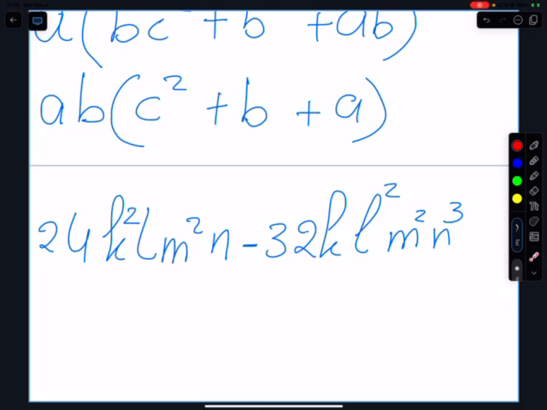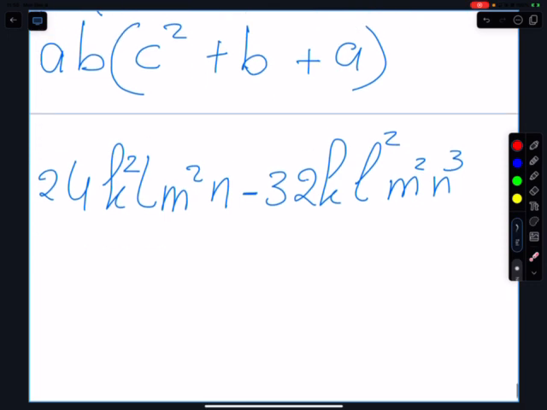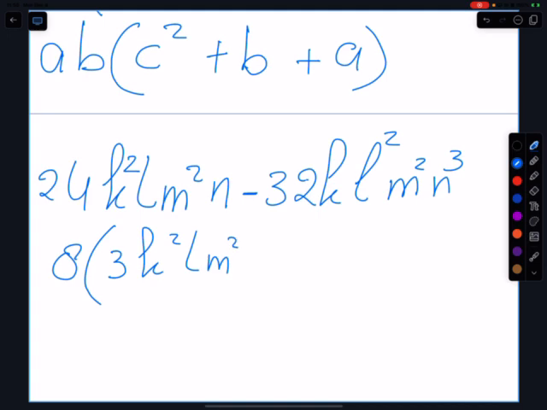So the highest common factor of 24 and 32 is 8. So 8, 24 divided by 8 equals 4, 3. K squared L M N minus 4 K L squared M squared N to the power of 3.